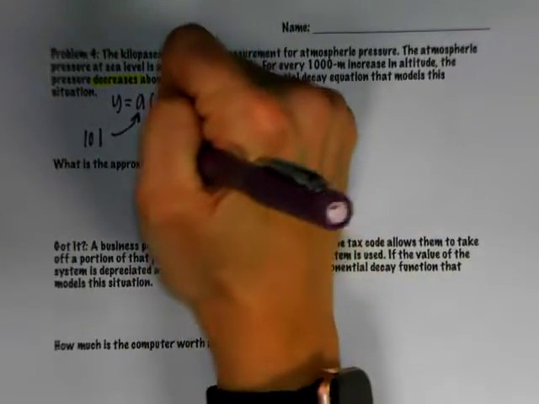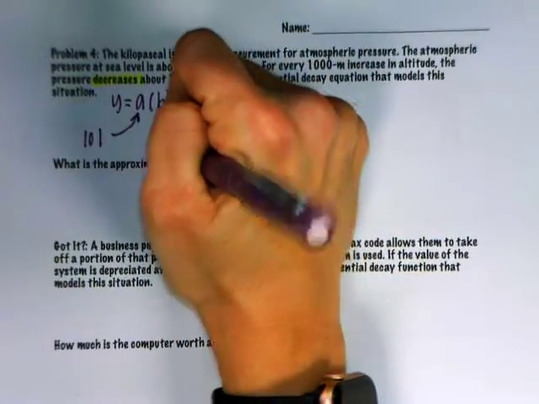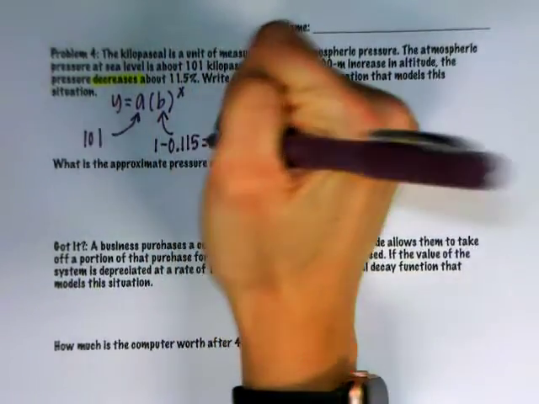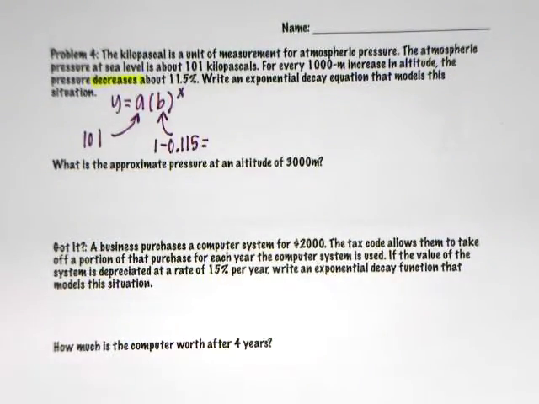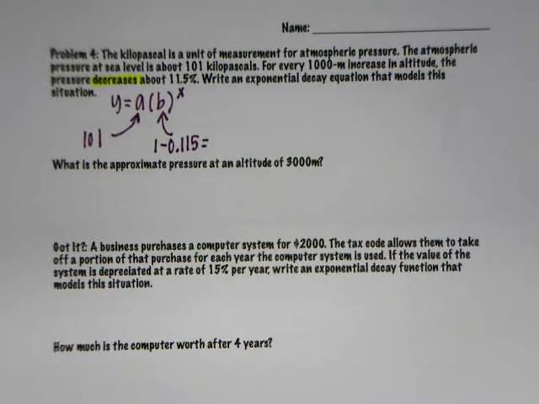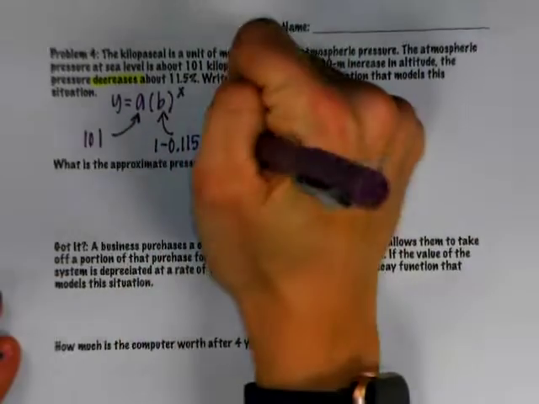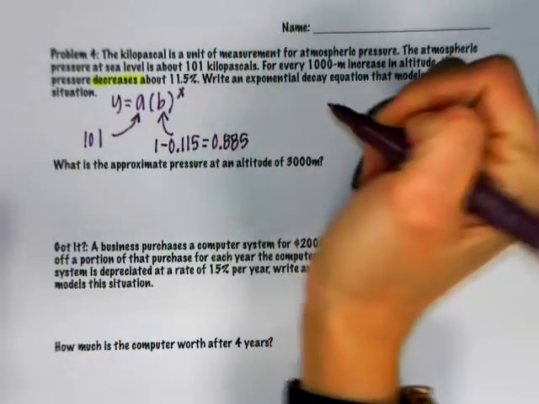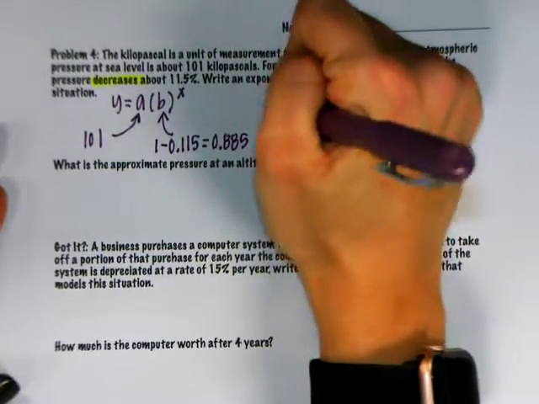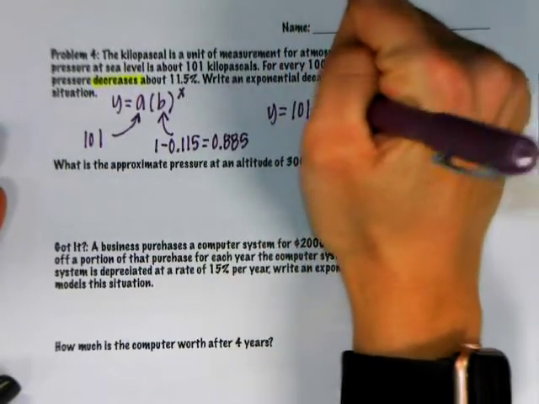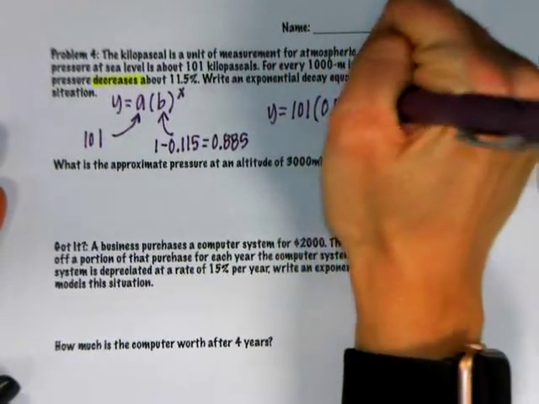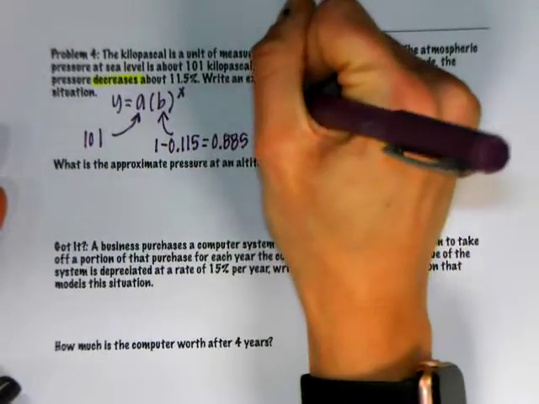So you're going to do 1 minus 0.115 and figure out what that equals. Is it 0.885? Okay, and then put it all together. So y equals 101 times 0.885 to the x power.